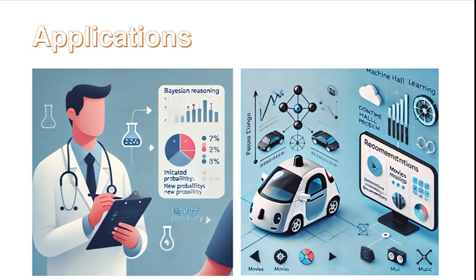What ties all these examples together is the principle of conditional probability, whether it's diagnosing diseases, training AI systems, or tailoring user experience. The idea is to constantly refine decisions as new information becomes available.